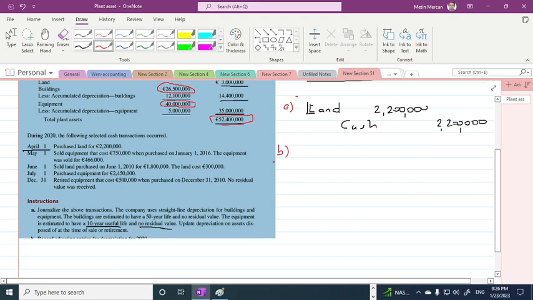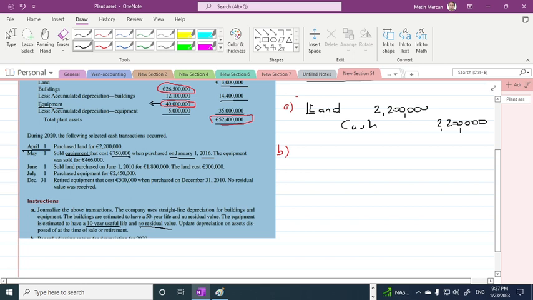Then B. The company sold equipment that cost $750,000. So for equipment we have a total here of $40 million. There are a lot of equipment items inside. One of the items has an original historical cost of €750,000 when purchased on January 1, 2016.